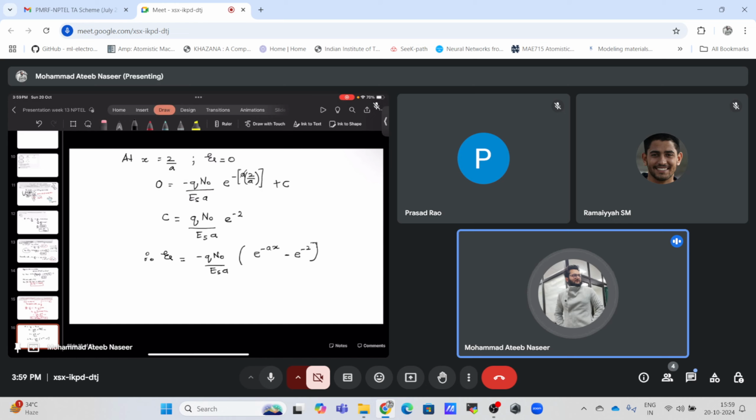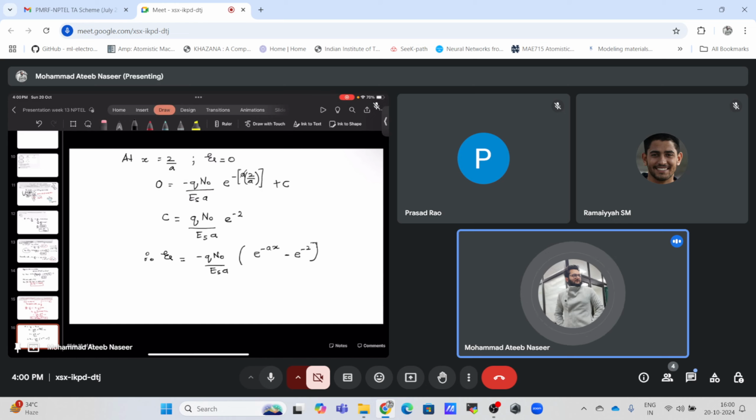If we integrate the electric field like that, it would have given me the VBI, the built-in potential that we are going to calculate in the upcoming module of this problem.